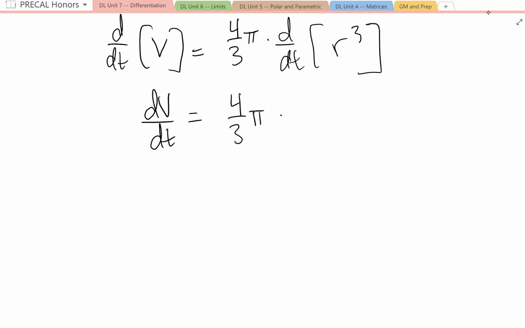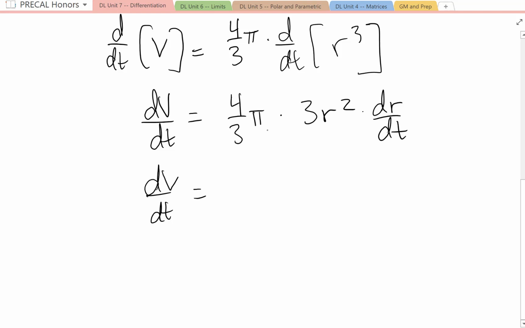The derivative of the volume with respect to time is dV/dt equals 4 pi thirds times 3r squared times the derivative of the inside, which is the derivative of r with respect to t. 3/3 is 1, so we have 4 pi r squared dr/dt.